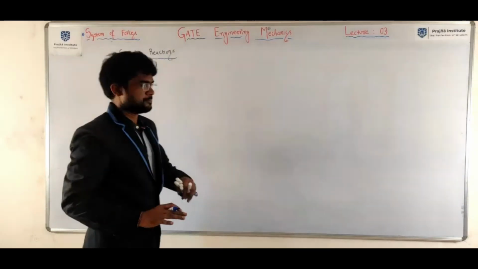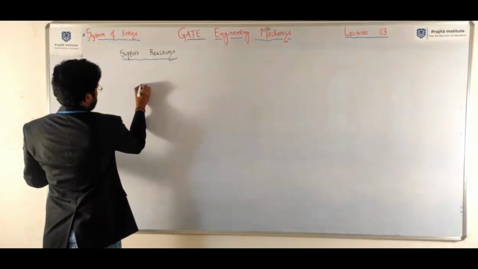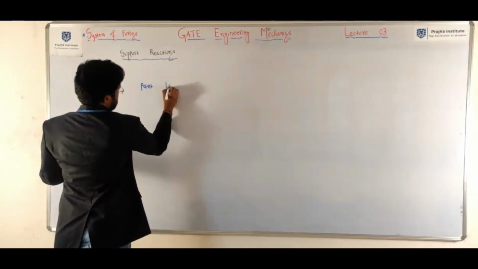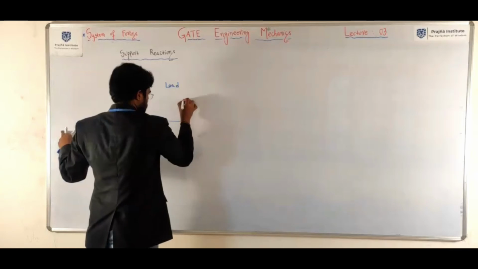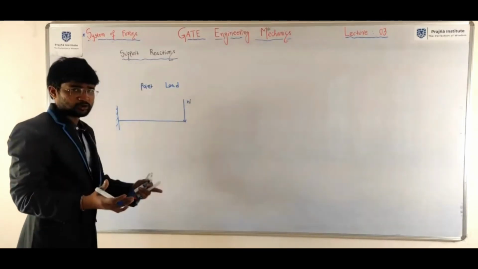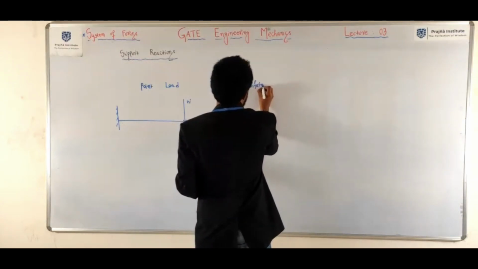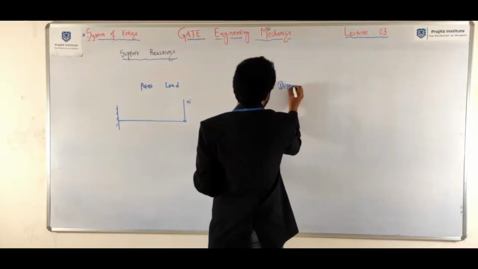Okay? Here, you have the point load first. A point load is a beam load acting at this point W. It is a point load. Next, uniformly distributed load.